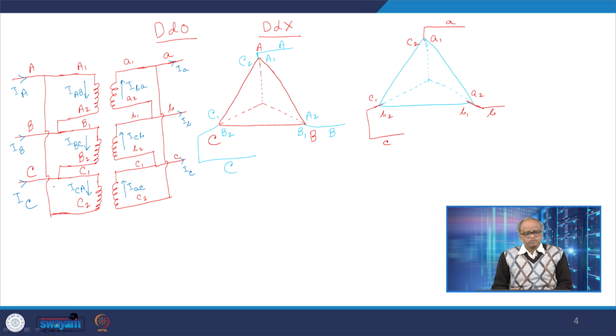So our connections as well as the phasor diagram are complete.